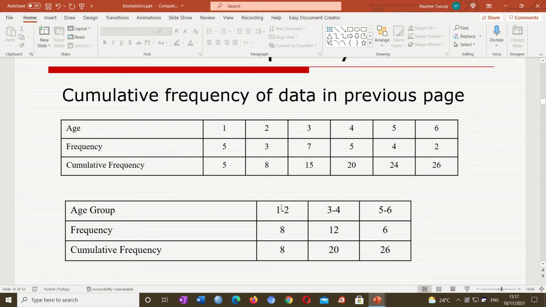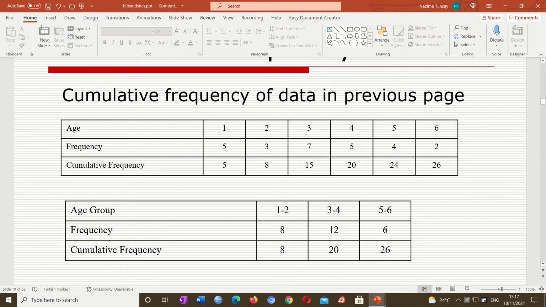Now, with this grouping, let us see how we find cumulative frequency with this grouping. I have 1, 2 here, I have 3, 4 here, and 5, 6 here, okay? 1, 2 is 8, 3, 4 is 12. How do I know it? 3, 4 is, you can see here, 12, okay? And 5, 6 is 6.